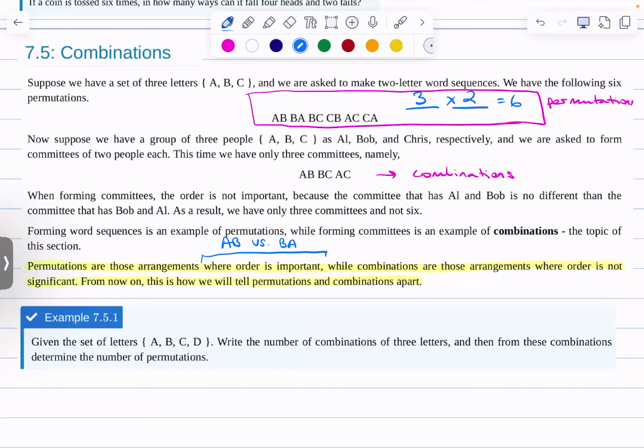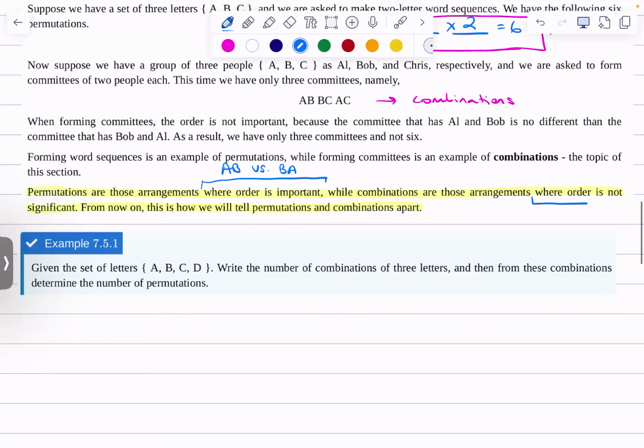If we think about Al and Bob, that is the same as Bob and Al. So order doesn't matter. You just have a group of people.